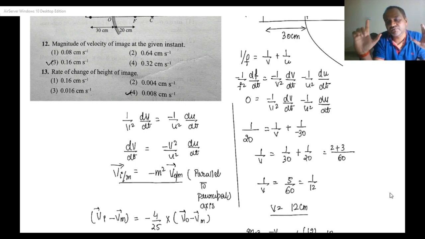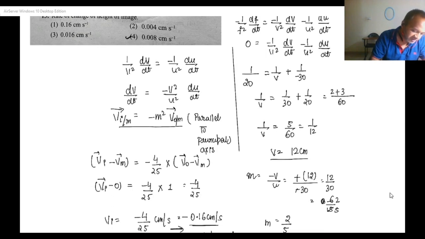So for the calculation of velocity of image parallel to the principal axis, first we'll write the mirror formula, and we'll differentiate that with respect to time. After differentiating with respect to time, we'll put the values. That will give us the velocity of image parallel to the principal axis. You can remember this formula, this one is very important. That is one part.